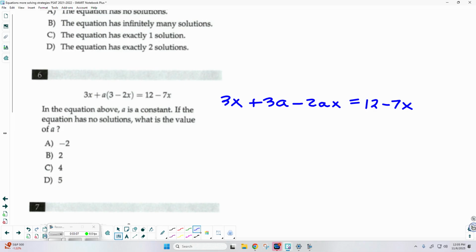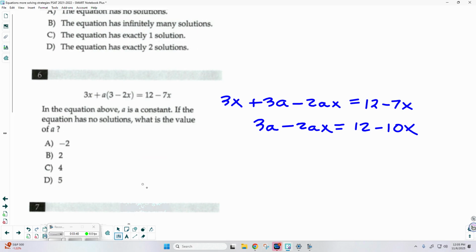Okay. So what should I do from here? Okay, we can go ahead. We have a couple of like terms that we can combine. So if I subtract this 3x over, I'm going to have 3a minus 2ax is equal to 12 minus 10x. Okay. Now what? Okay, here we go.